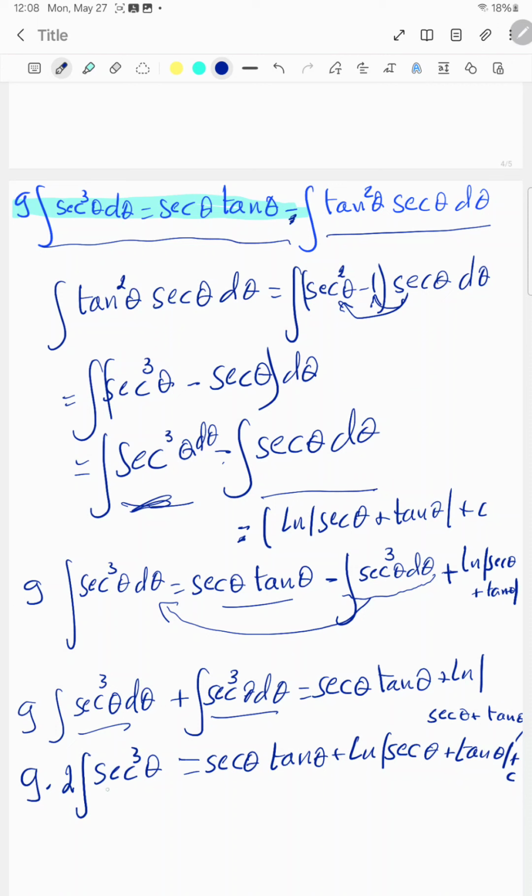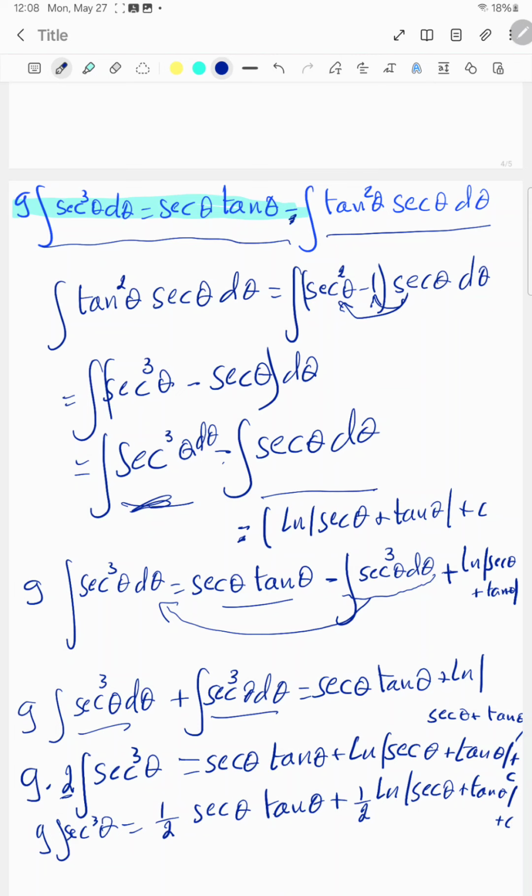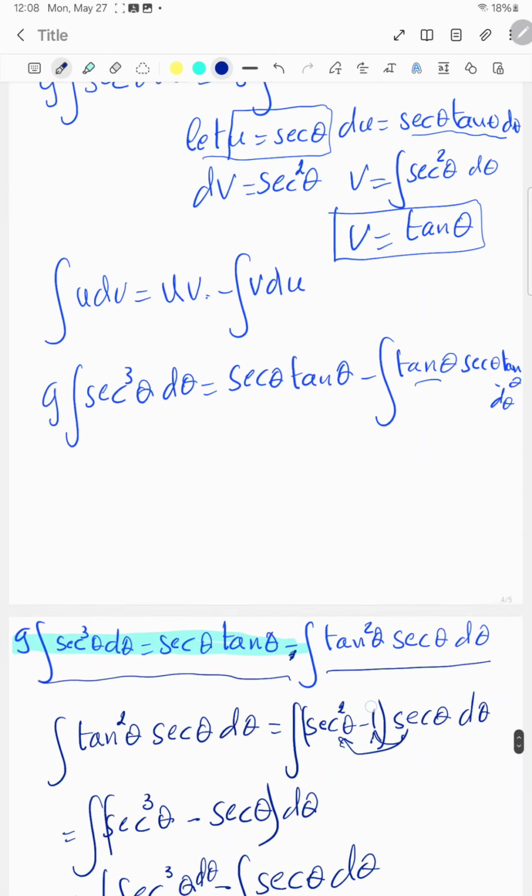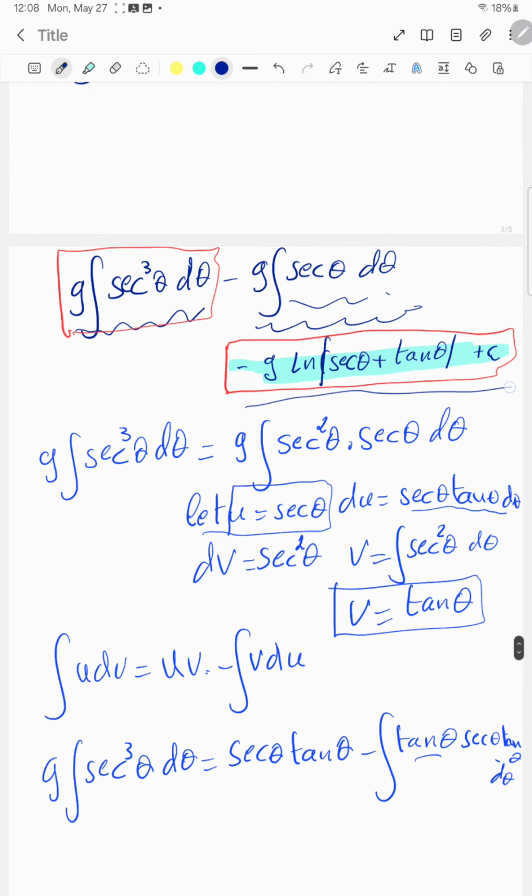So now I need the integral of sec cubed theta, so I have to divide by the 2 here, and I will keep the 9. So 9 times the integral of sec to the power of 3 theta is equal to 1/2 sec theta tan theta plus 1/2 ln of sec theta plus tan theta plus c, and you will see why I kept 9 here, because I have to add this and I have 9 here.